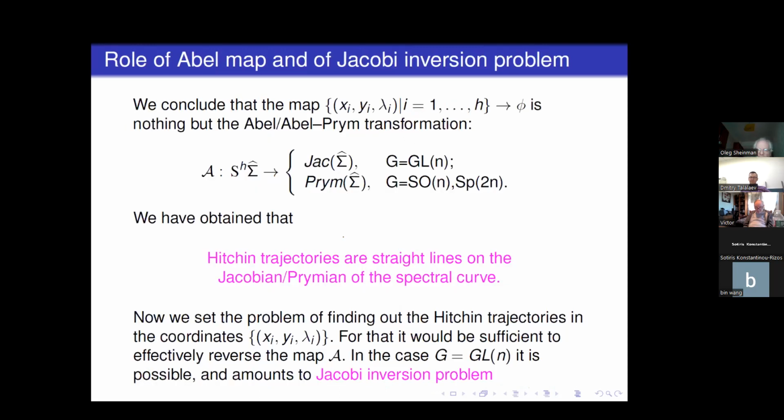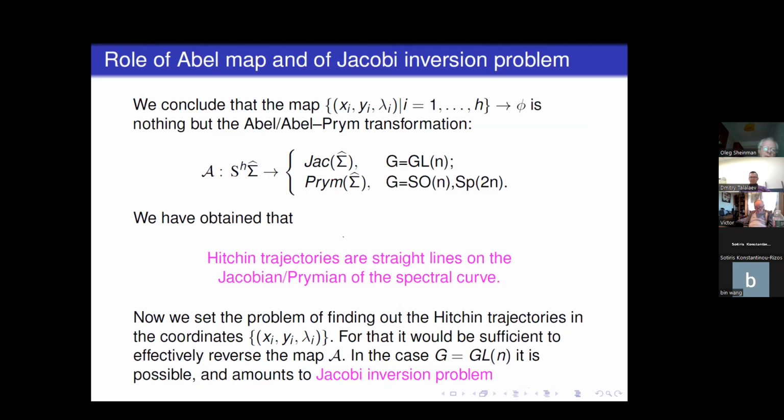Okay, they are straight lines. But all Liouville integrable systems look the same on their invariant tori.